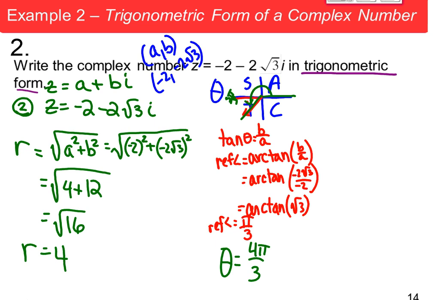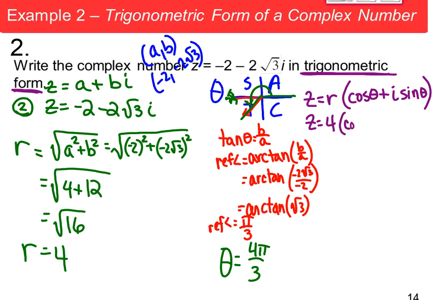The trigonometric form is Z equals R, parentheses, cosine theta plus i sine theta. So my answer is Z equals R, which was 4, parentheses, cosine 4 pi over 3 plus i sine 4 pi over 3. And that is the complex form of that.